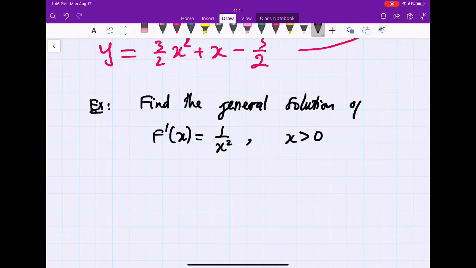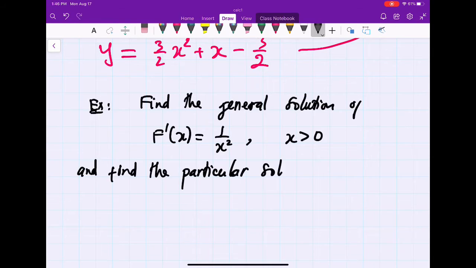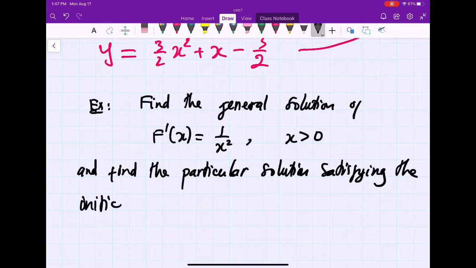And find the particular solution satisfying the initial condition f(1) equal to 0.